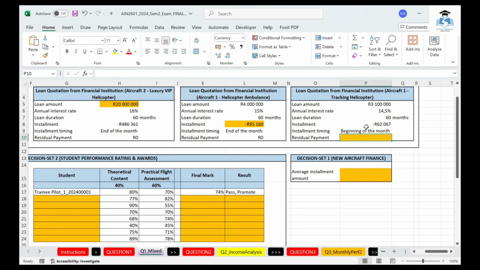Remember, this is what we did, guys. That's exactly how you are supposed to do it in your assignment. So I want you guys to cooperate. How do we do this residual payment?